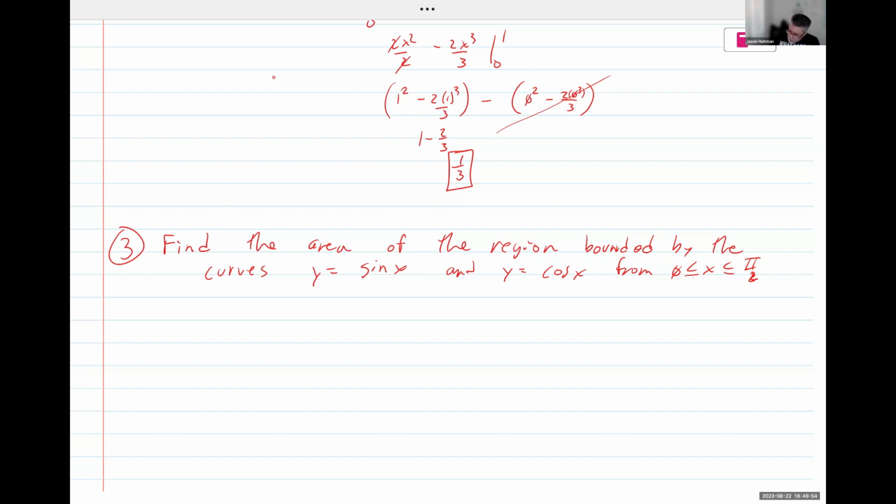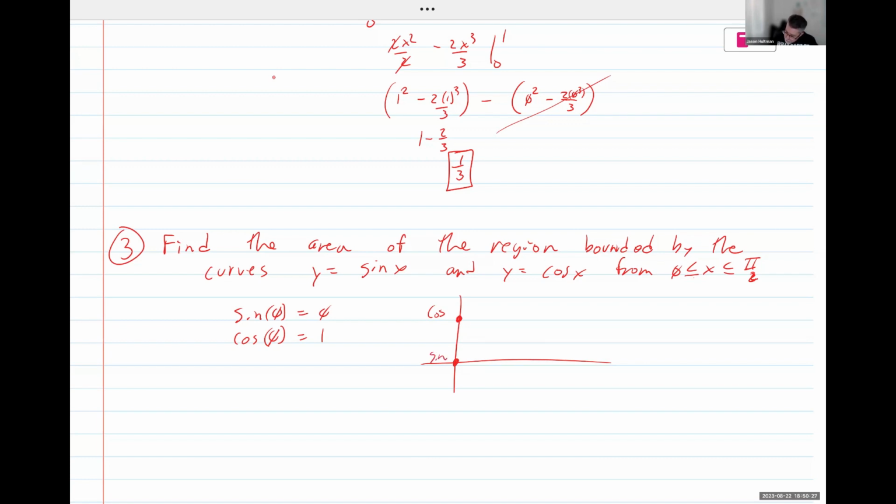So let's just plug in the endpoints real quick. If I take the sine of 0, that's 0. If I take the cosine of 0, that's 1. So the cosine of 0 is 1 and the sine of 0 is 0. This is the cos, and this is the sin.